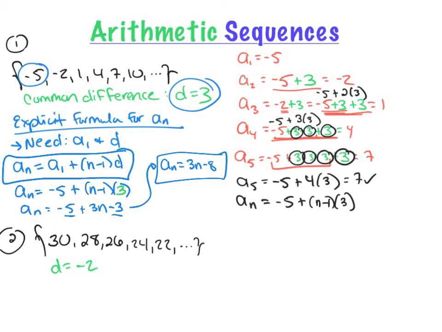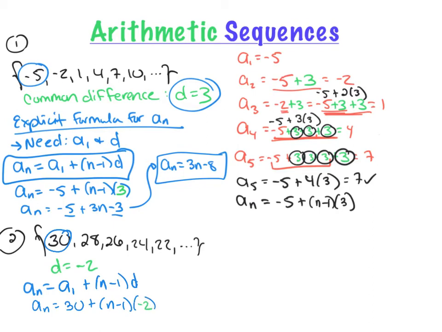So let's find an explicit formula for a sub n using the hard work we already did all over here, using this formula we have here in blue. So our a sub n is equal to the first term plus n minus 1 times the common difference. So that would be, first term is 30, n minus 1, the common difference is negative 2.